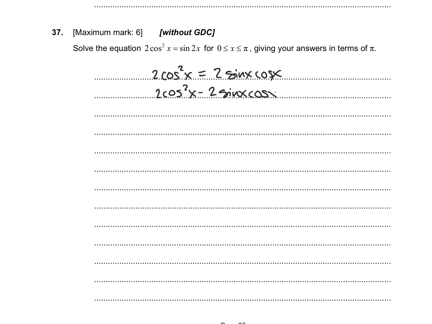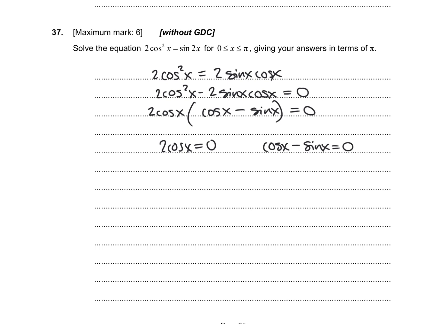Get it equal to 0. And then we can factor out a 2 cosine x. And on the inside, we're going to have cosine x minus sine x, right? Okay. And then we're going to have 2 cosine x is 0. And we're going to have cosine x minus sine x is 0.